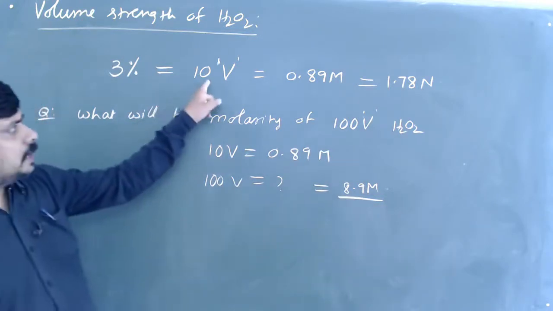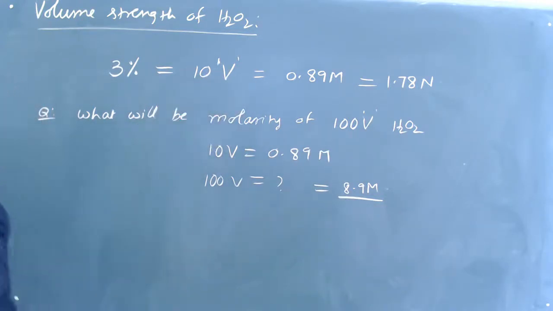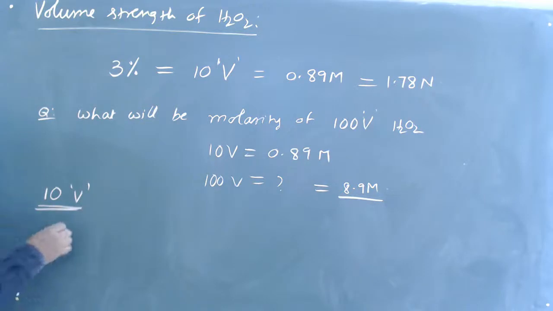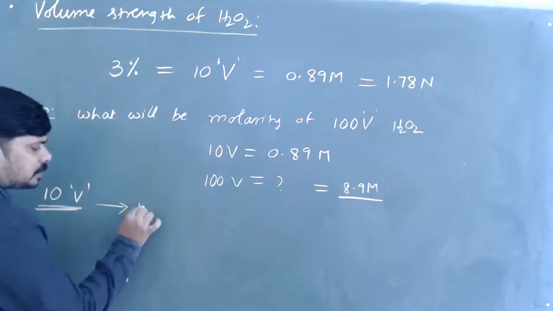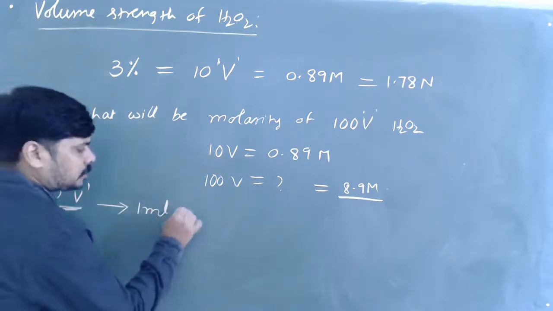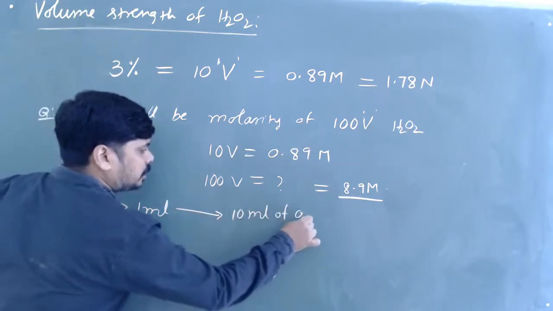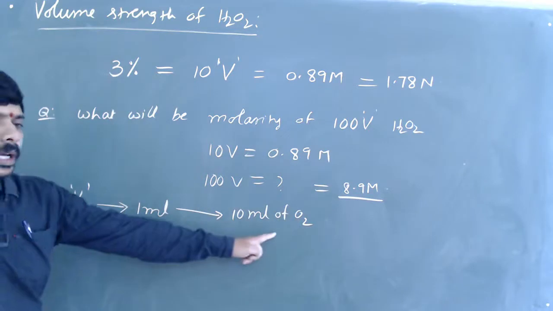So what is the meaning of 10 volume strength? If you take 1 ml of 10 volume strength hydrogen peroxide, it is going to liberate 10 ml of oxygen.